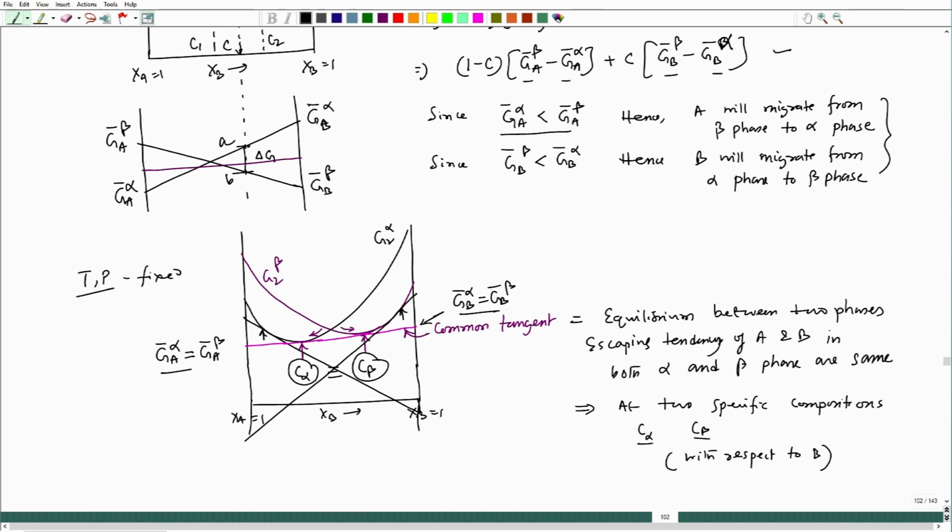So, with this common tangent concept, now we will go and try to see how the phase diagram evolves if we take solid and liquid phases in A and B system, that is a binary system, and how the equilibrium points shift or switch from one particular composition to another with the change in temperature at a constant pressure, which is 1 atmosphere.